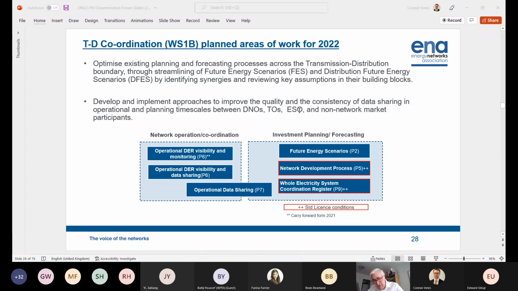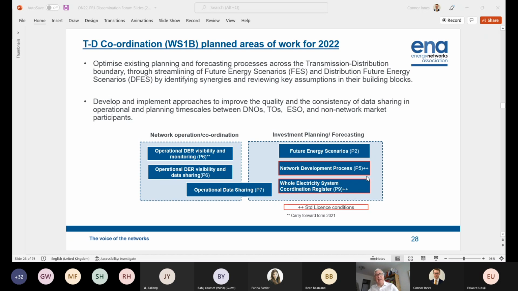But we've also delivered in the early part of this year alignment of GSP definitions. It's a rather arcane point, but DNOs have been used to grouping together in sensible manners grid supply points where they are interconnected, in what's known as access groups. But that's not the same way as National Grid ESO would communicate with its stakeholders.